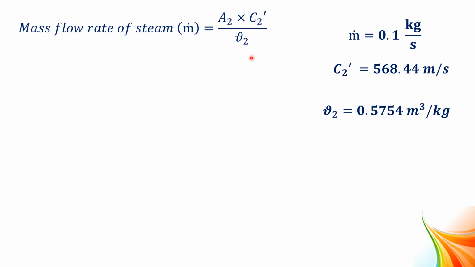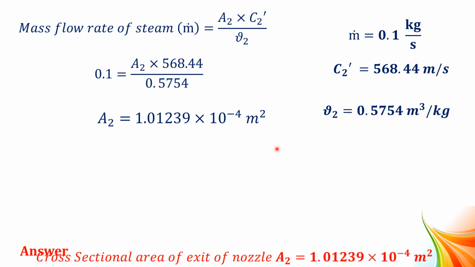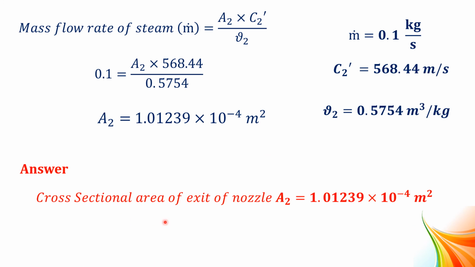Now substituting these values in this equation, we get A2 equal to 1.01239 into 10 to the power minus 4 meter square. So the cross-sectional area at the exit of the nozzle, A2, equals 1.01239 into 10 to the power minus 4 meter square if the flow is metastable. Thank you.